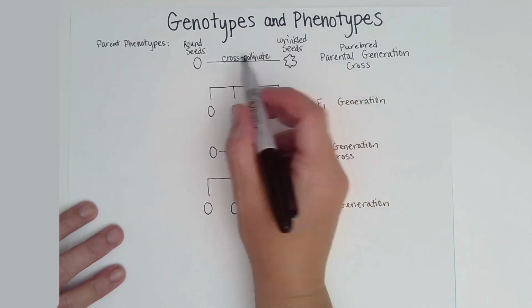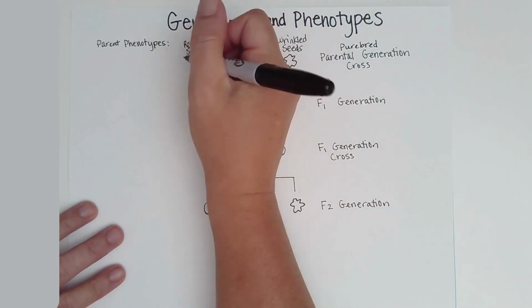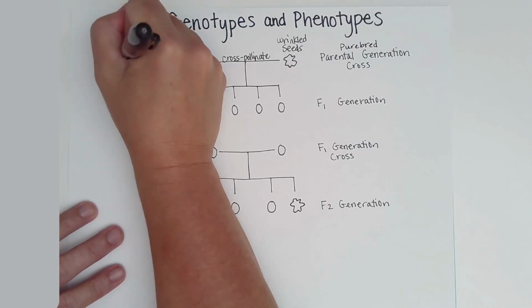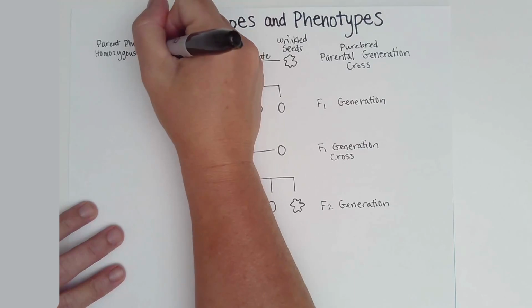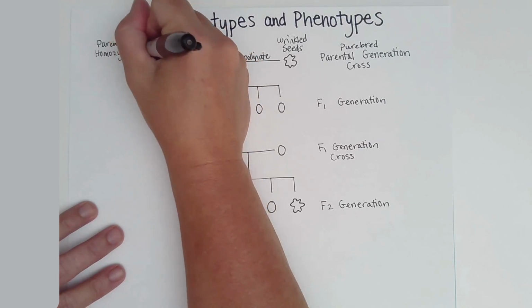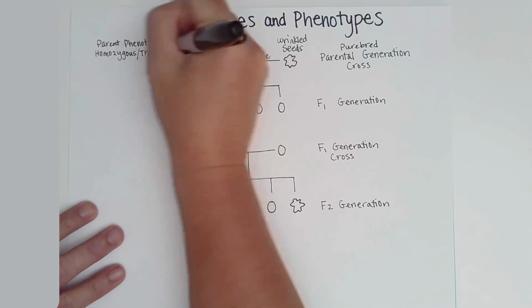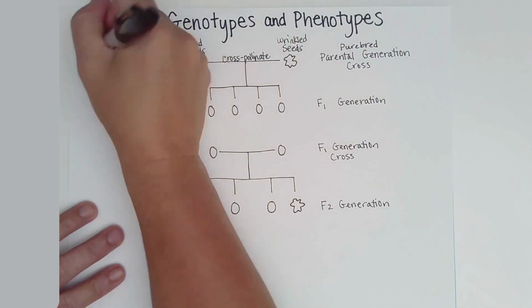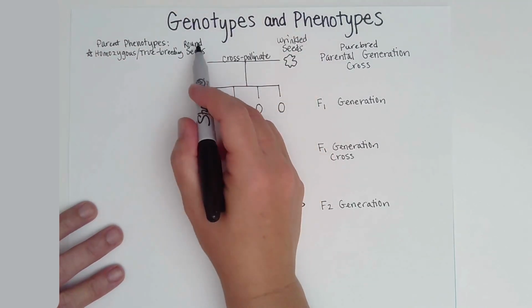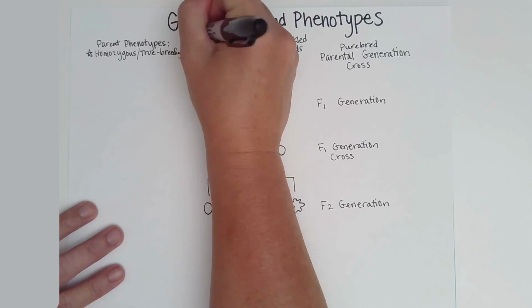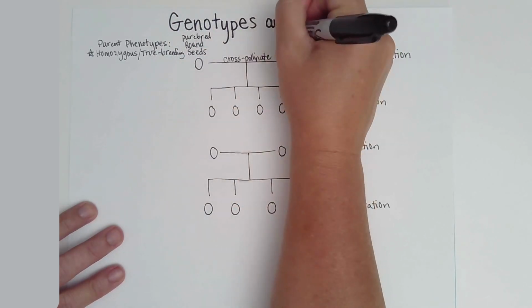And other terms for that are that they were homozygous, that they were true breeding, and then the third term, purebred. So these are all ways of saying that the round seeds were purebred and the wrinkled seeds were. I'm going to actually write that here too, just to make sure there's no confusion.